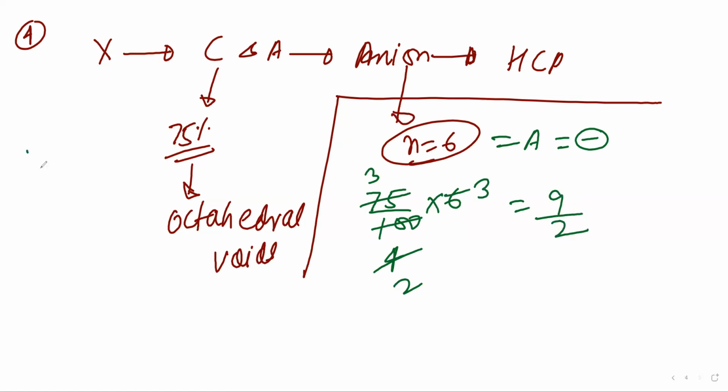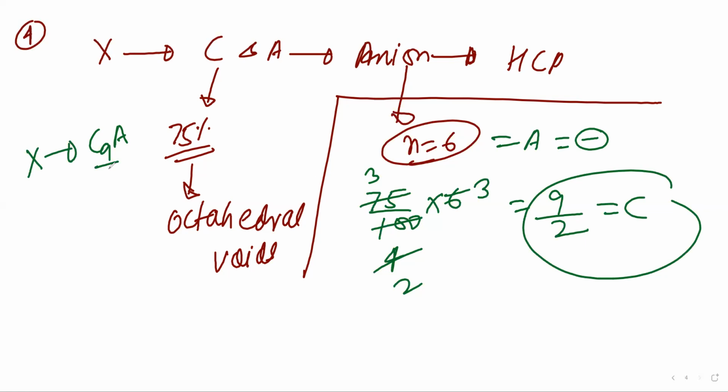Now the formula for X is C value and A value. The C value we have got, it is 9 by 2, and the anion value we know, that is 6. Right. To simplify this, I will multiply by 2.